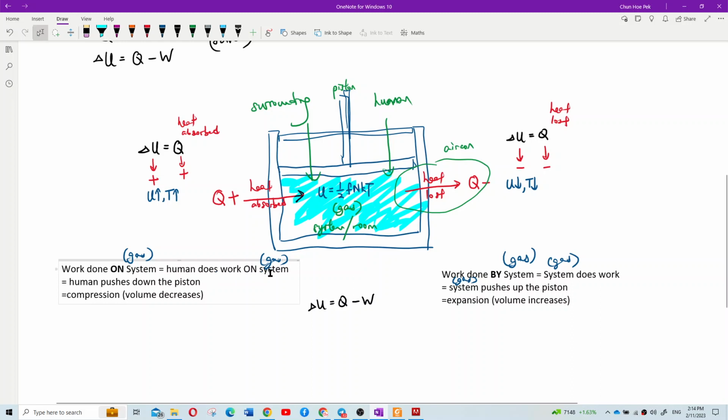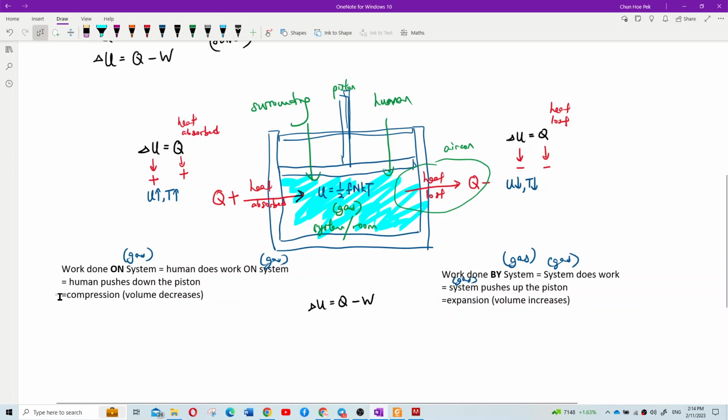How does the human do work on the system? Human pushes down the piston. Human compresses the gas. Volume of gas decreases. This one, gas expands. System does the work, work done by system. That means the gas expands, volume increases. Understand, class?